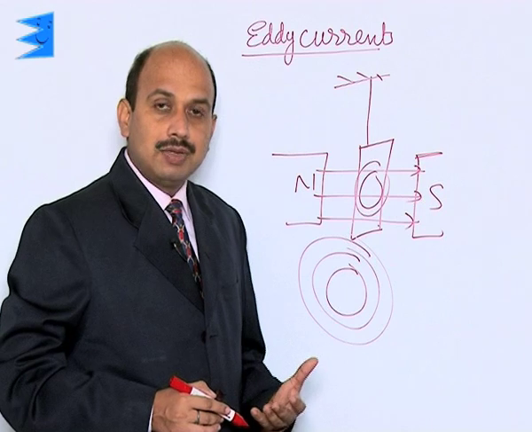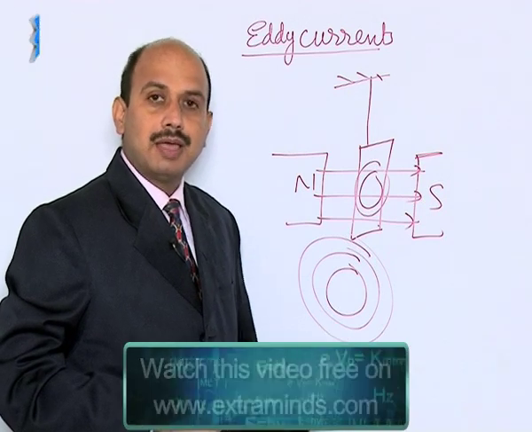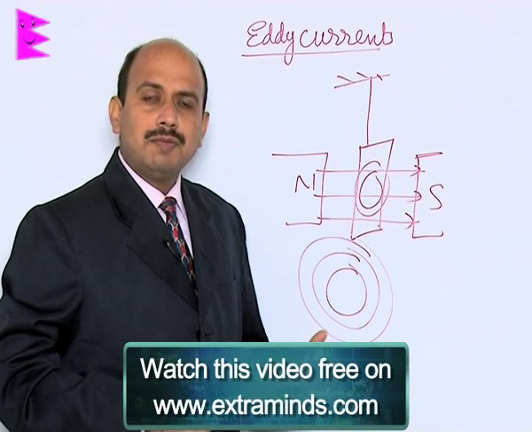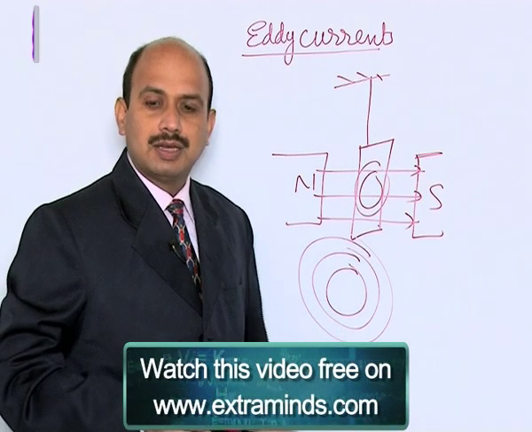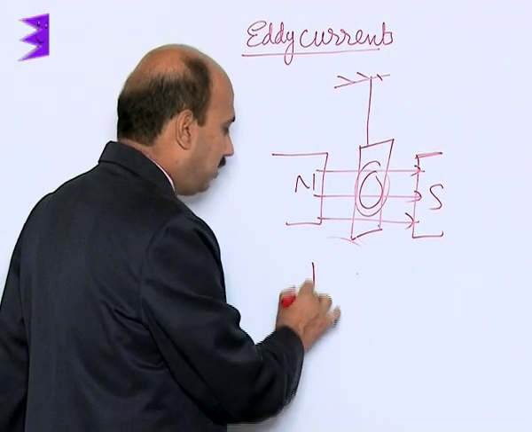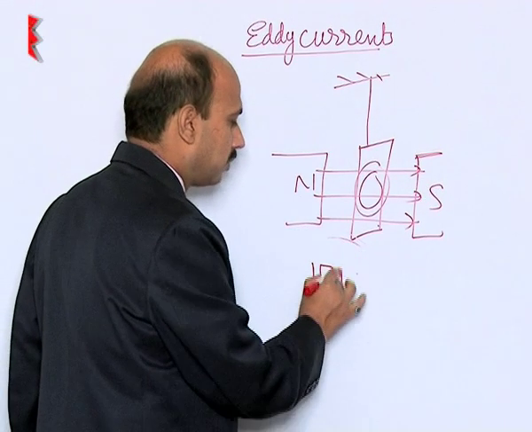Sometimes eddy currents are useful, and sometimes they are not. If you want to reduce the effect of induced eddy currents, slots are made in the metallic piece like this.